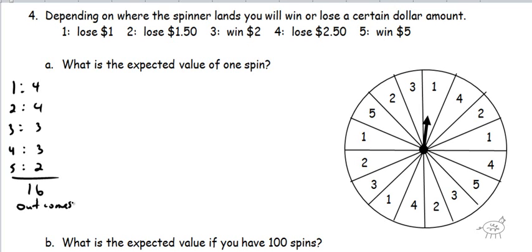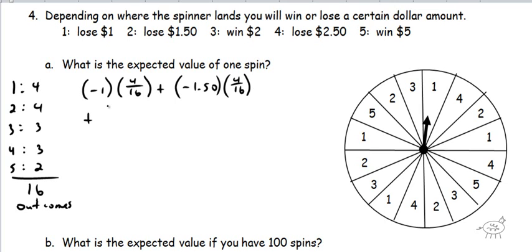Okay, so let's look at it. Now, if I get a 1, I lose $1. So that means -1, and the probability of that is 4/16. Okay, if I get a 2, I lose $1.50, so minus $1.50. Brutal. And that's also 4/16. And if I get a 3, I win $2.